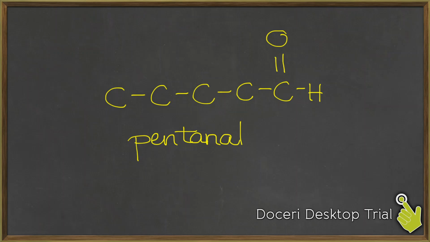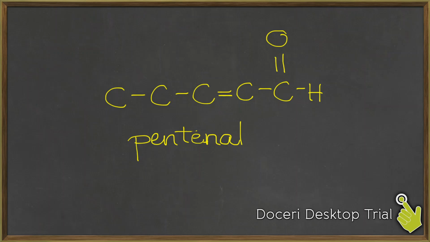Now let's think about how the name would change if I did this. What if I threw a double bond into that molecule? Well, the only thing that's going to change, guys, is it wouldn't be pentanal, it would be pentenal, because that E indicates that there's a double bond.